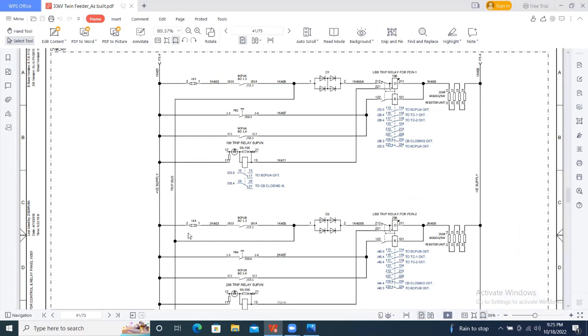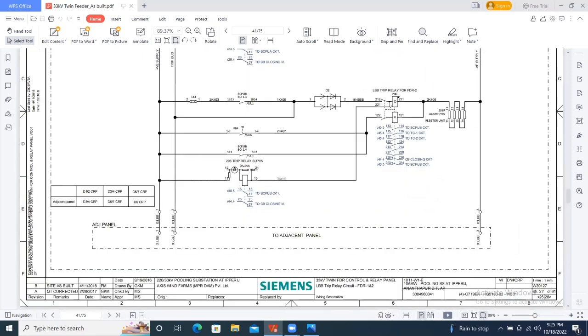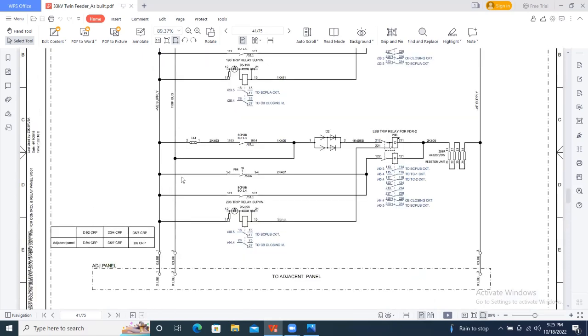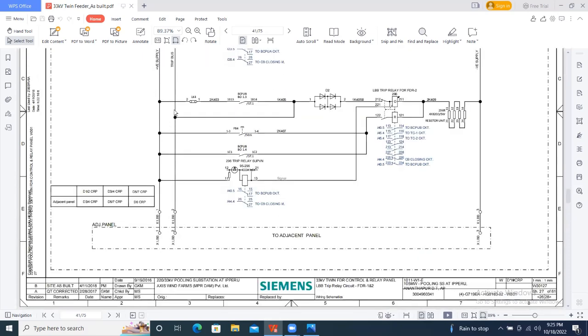So if the breaker has not operated, all the breakers of my feeder should operate. So that is a signal. If this LBP operates, then this gives a trip to all other relays. That is the parallel connection. So it is going to the adjacent panel, meaning the next panel, second feeder.